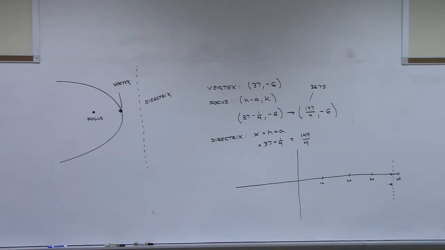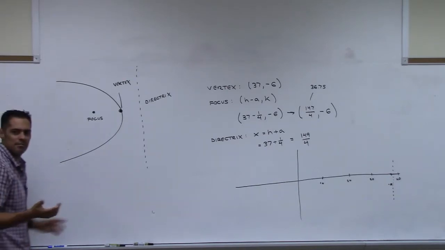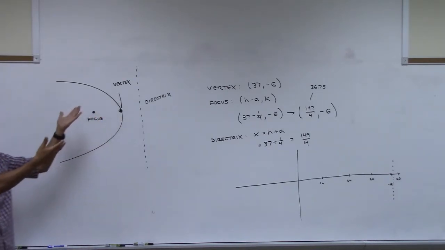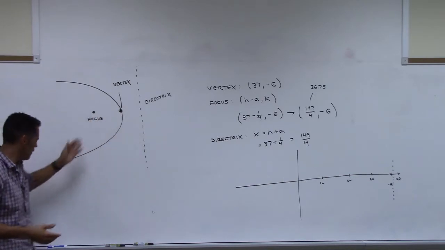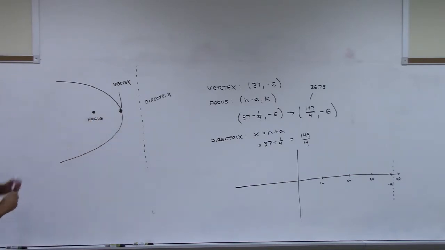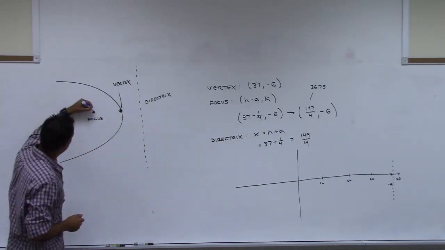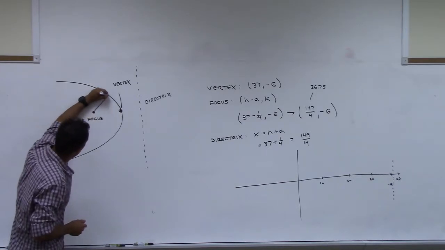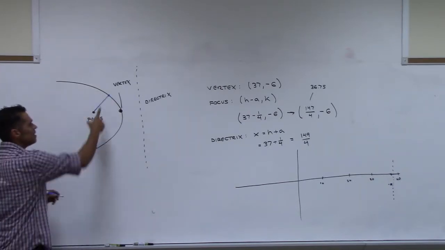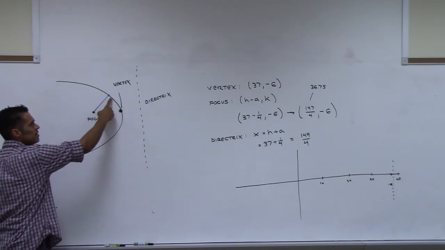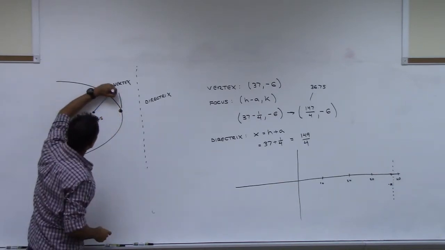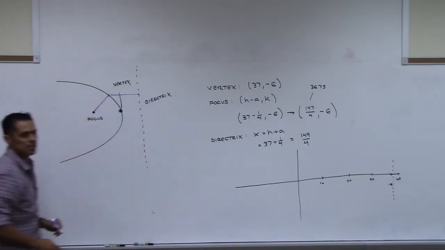So what is the relationship between the directrix and the focus? Like how does it factor into this? Why do we have this thing called a directrix and a focus? So here's the idea. If I were to measure the distance from the focus to this point, that distance is equal to the distance horizontally over to the directrix.